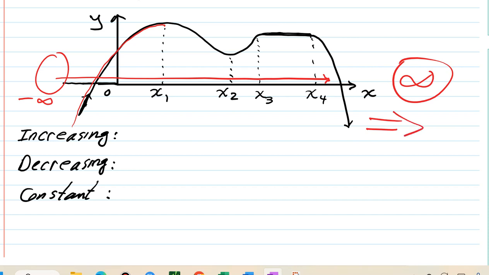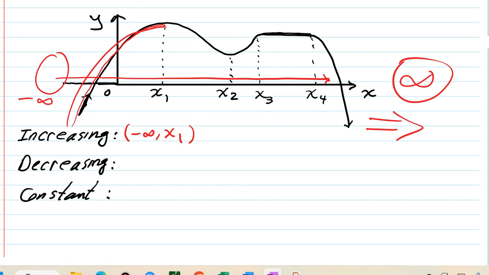The increasing, decreasing, constant refer to the x values, not the function values. So the function is increasing over the open interval from negative infinity up to x1, right? Right in here, it's increasing.